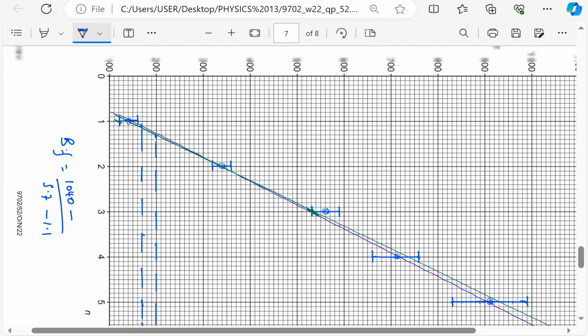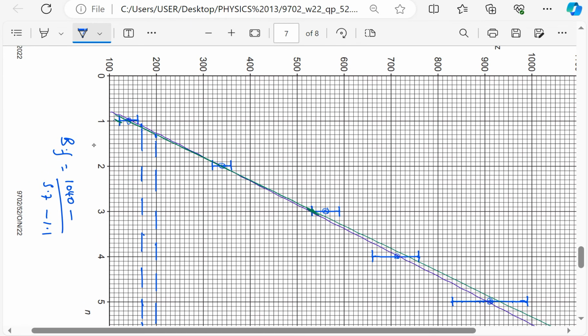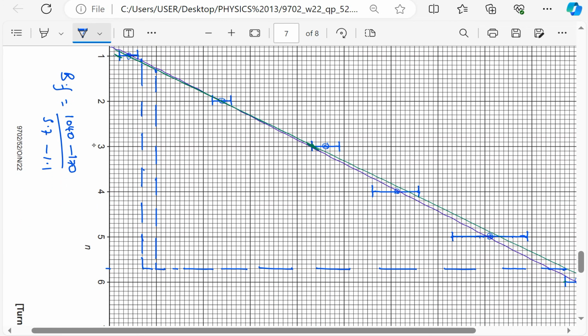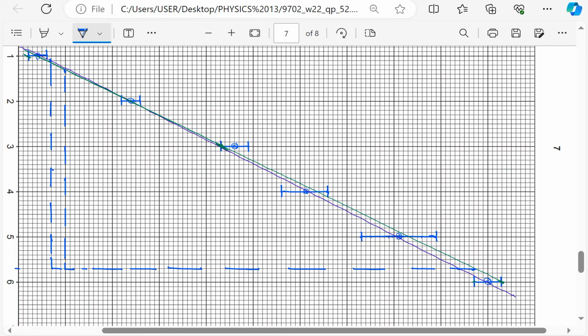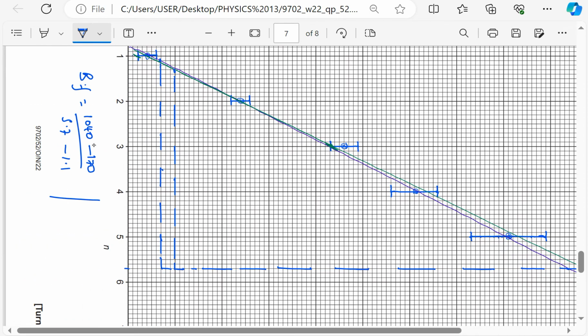Then the y value corresponding to blue is 1, 2, 3, 4, 5, 6, 7. So it is 170. That is for the best fit. Then for the worst fit, the y value y2 is 1, 2, 3, 4, 5, 6, 7. So it is 1070.